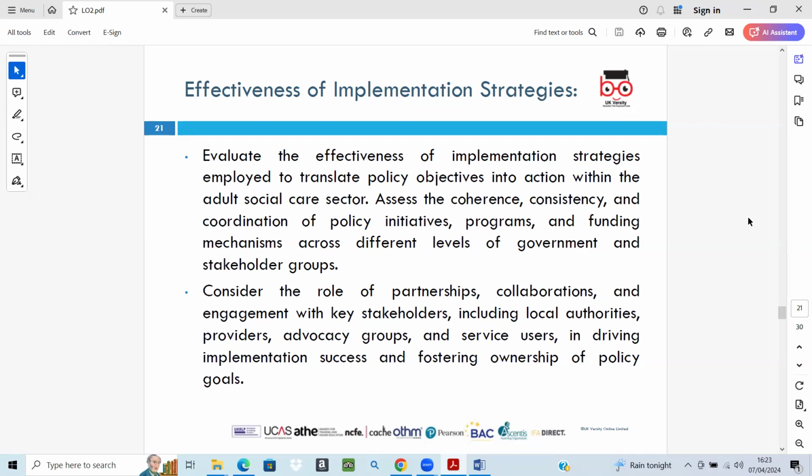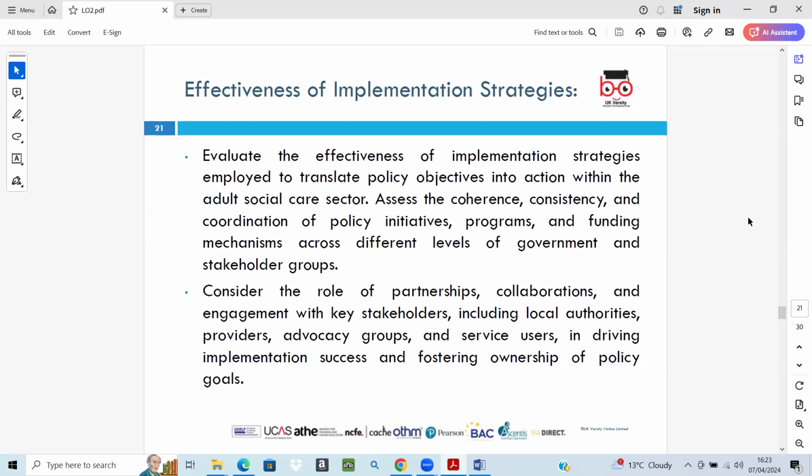For example, if we have various programs and initiatives, are they well aligned, are they working to achieve the policy objectives, and are they providing the help or the support which is required for the betterment of the service user or not?